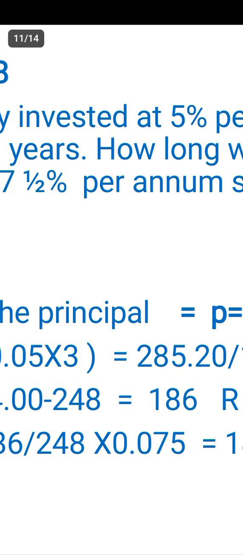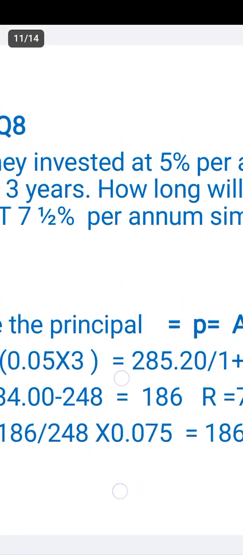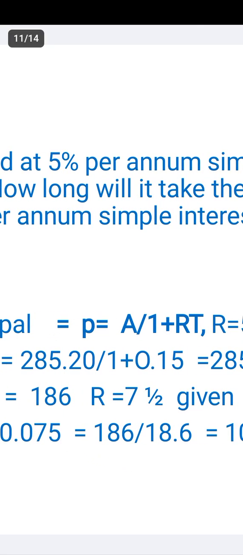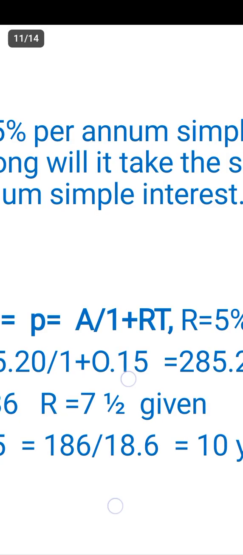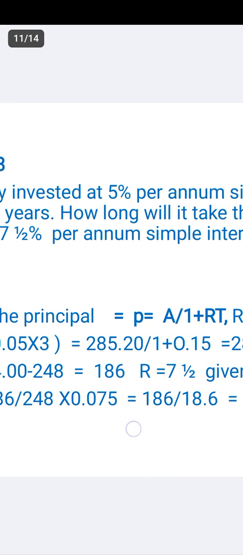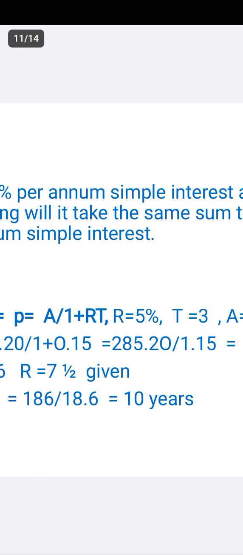Converting 7.5 over 100 to decimal number, it becomes 0.075. And this will give us 186 over 18.6. 18.6 is gotten from 248 times 0.075. And we arrive at 10 years.